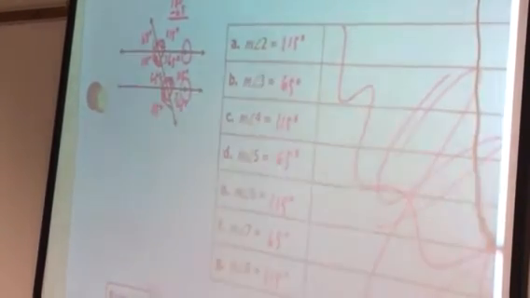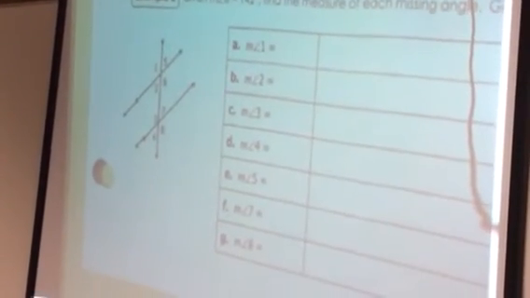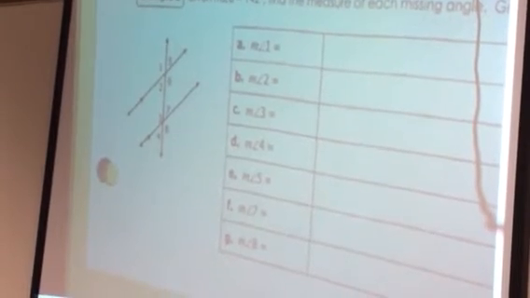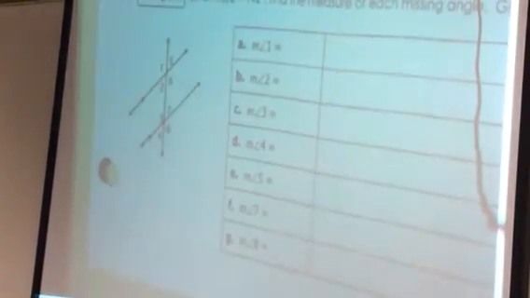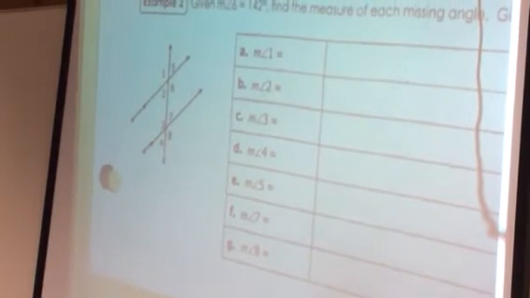Now, that's going to look like that every single time. I'm going to go down, we're going to do example 2 together, and then you're going to do the next example. But just in these figures, whenever we get to the rest of them, you will have to make your marks.